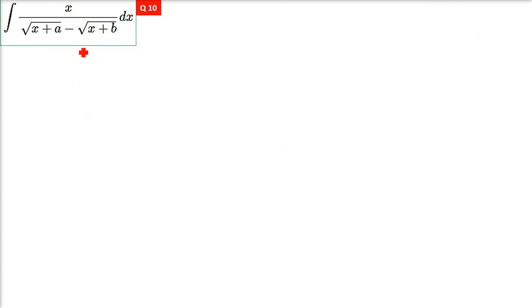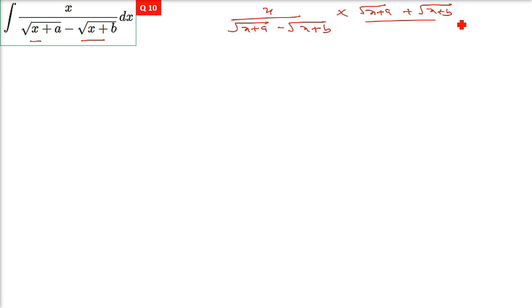So this question before integration needs some resolution or simplification. Under root x plus a minus under root x plus b, if it is in the denominator, multiply it by the rationalization factor. Under root x plus a is here, minus under root x plus b is here. Now just take the denominator, replace the mid sign by the opposite sign and multiply.